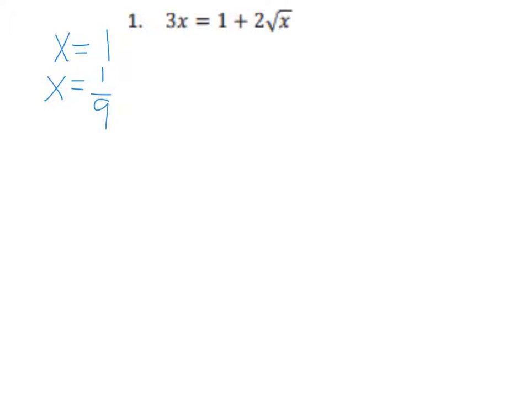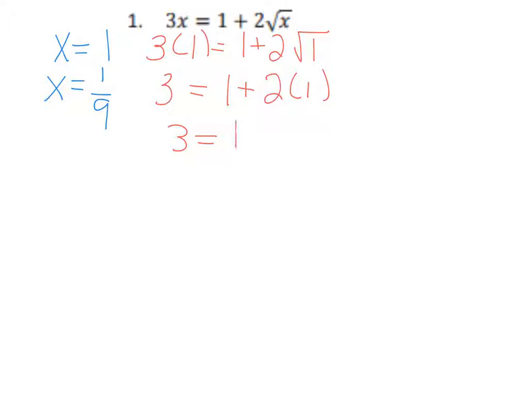For x equals 1, I have 3 times 1 is equal to 1 plus 2 radical 1. 3 times 1 will just be 3 is equal to 1 plus, and 2 times radical 1 is just 1, so times 1. And does 3 equal 1 plus 2 times 1, which is just 2? So 3 does equal 3. So when x equals 1, it does check.